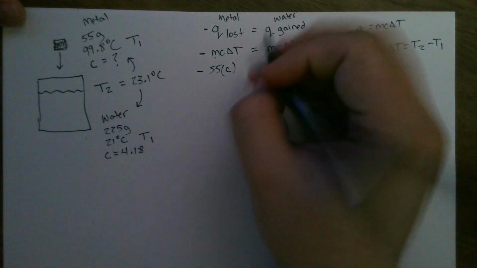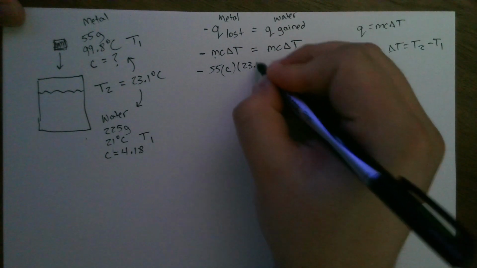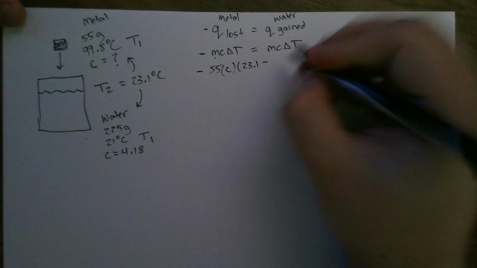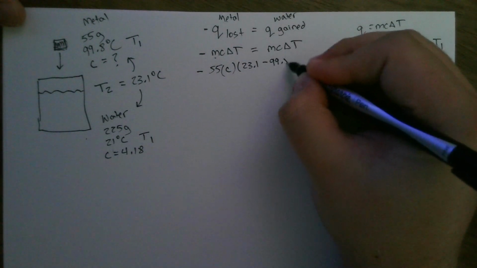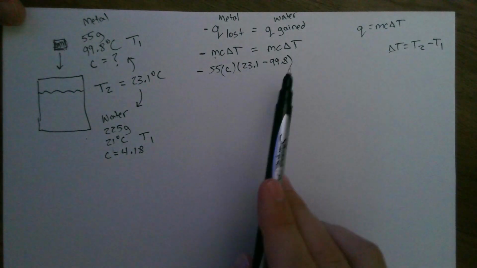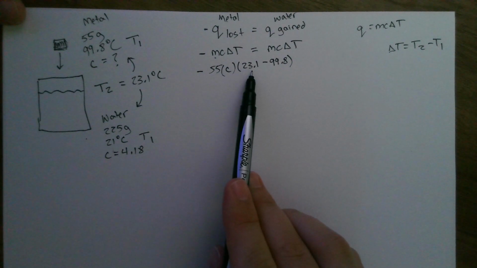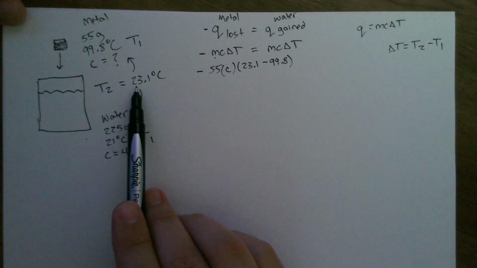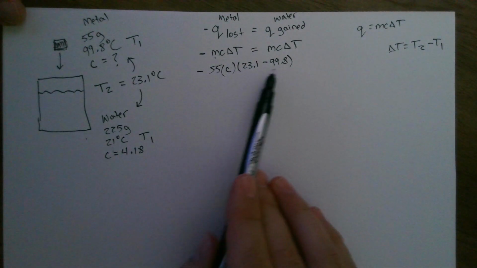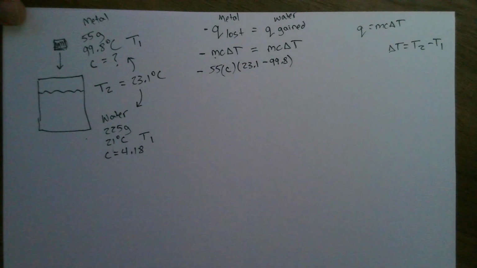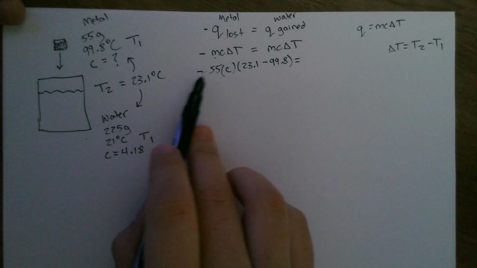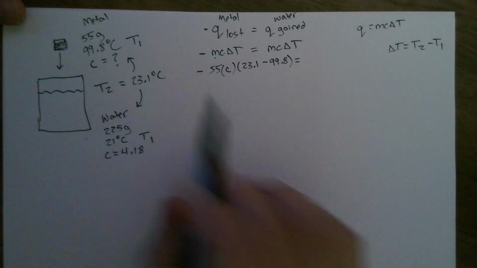The T2 was 23.1 minus my initial temperature of my metal, which was really hot, 99.8. Most common mistake is to flip these two numbers. T2 is our final temperature. That goes first, minus my initial temperature. This makes sense. My change in temperature when I subtract these will be negative because my temperature went down. That's also why I need this negative sign here. They're going to end up canceling.